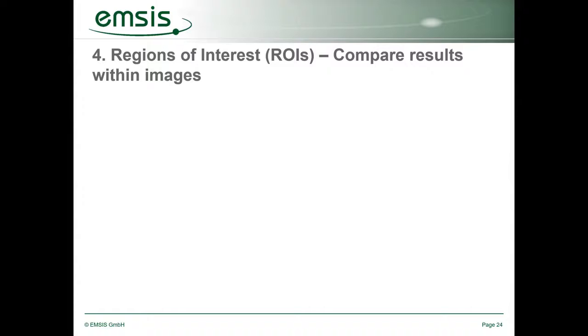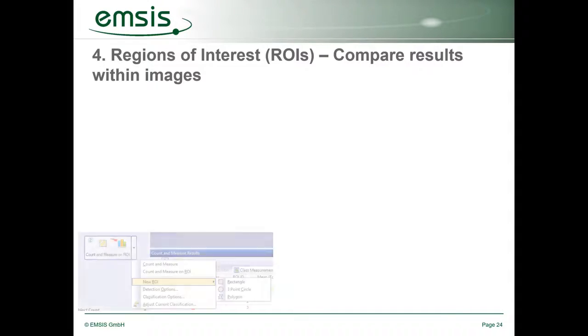But you can do, if you like, even some further analysis. You can work with regions of interest, the so-called ROIs. It allows you to compare results within images, especially nowadays where you can grab huge images, for example, by stitching them. It could be a very successful approach to compare between different areas on your image, for example, if you have the situation of different compartments in your tissue.